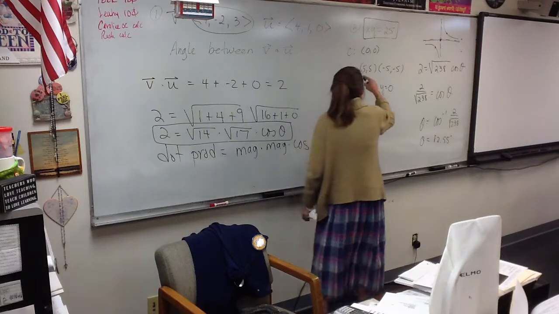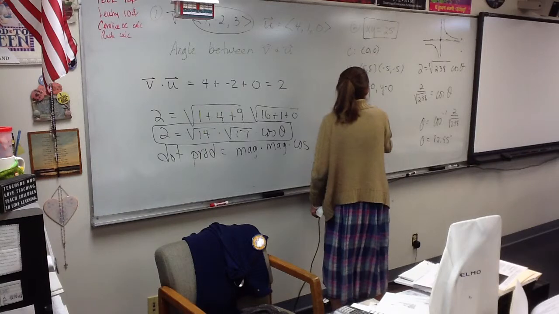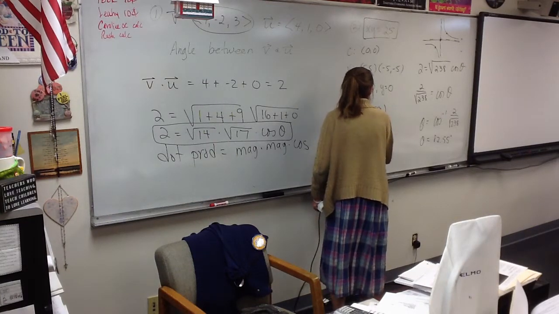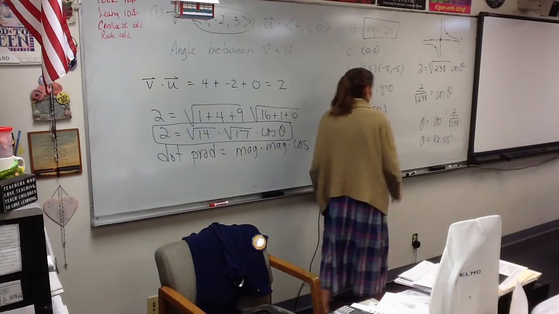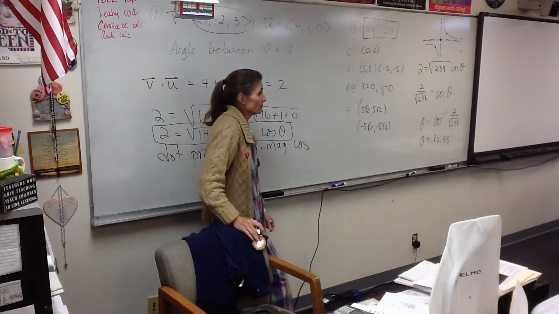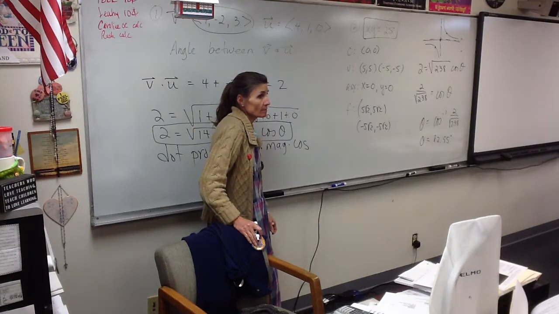So if the coordinates of the vertices are 5, 5, -5, -5, the foci are going to be 5 root 2, 5 root 2, and -5 root 2, -5 root 2. We spent time on that Monday. That was only a couple days ago.